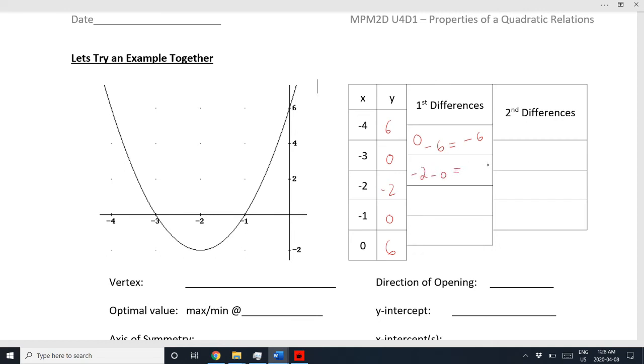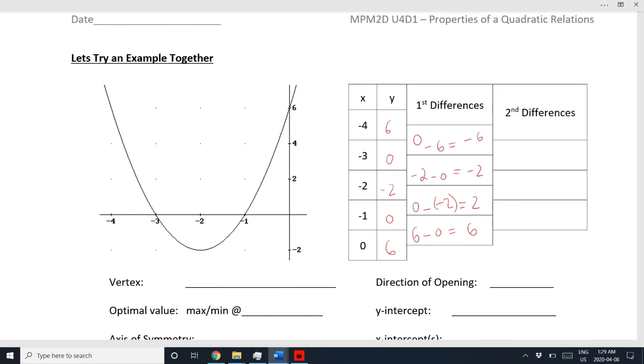That's going to be equal to -2. Continuing this pattern, we'll get 0 minus -2, in which we get a value of +2. And finally, we have 6 minus 0, and that's equal to +6.